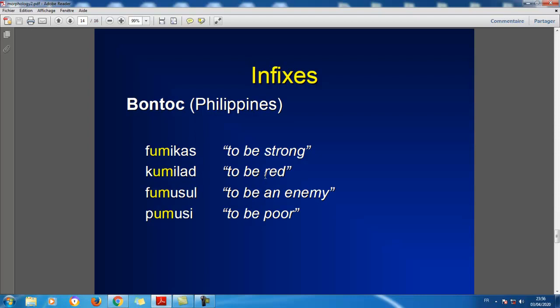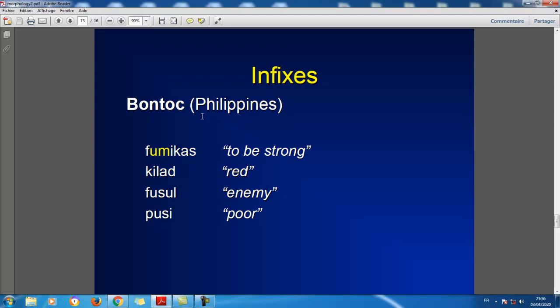Kumilad, to be red. Fumusul, to be an enemy. Pumusi, to be poor. So just remember the roots. Let's go back. This is the root, kilad. Fusul, pusi. We insert it to say to be strong.